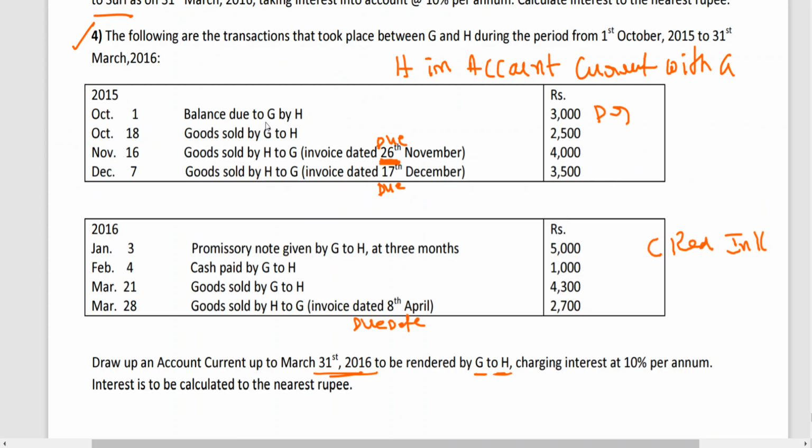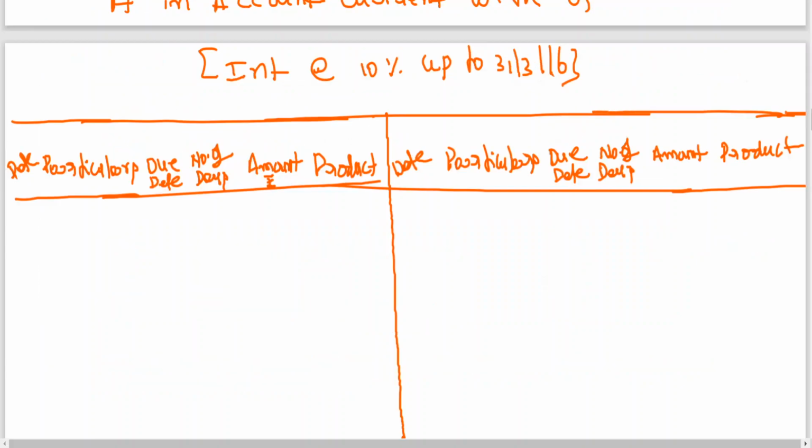Balance due to G by H. In simple words, balance due to G by H means H was to G. We are opening H account now, which is nothing but debit balance. October, 1st October 2015. To balance brought down.